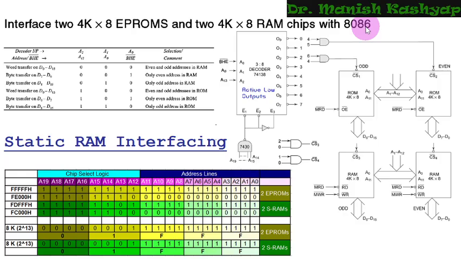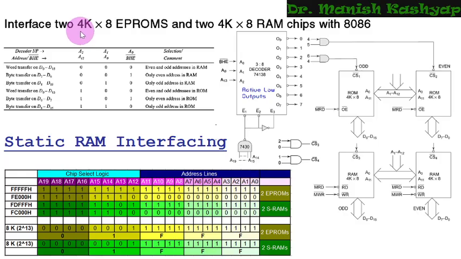So now let's begin some discussion about this. If you see this size of the memory, 4K cross 8, 4K locations are there for ROM, right? And 2 such chips are there. So you have a total of 8K locations. And K means 2 raised to the power of 10. And obviously 8 means 2 raised to the power of 3.